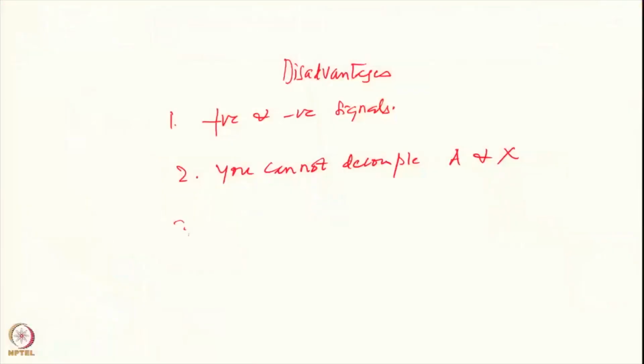So, you want to get rid of both of these kinds of situations, and that brings us to other techniques, which are called insensitive techniques. And of course, the third disadvantage is that selective inversion requires long pulses. That means it will not be a 10 microsecond pulse, it may be a millisecond pulse. It depends on the selectivity you want.